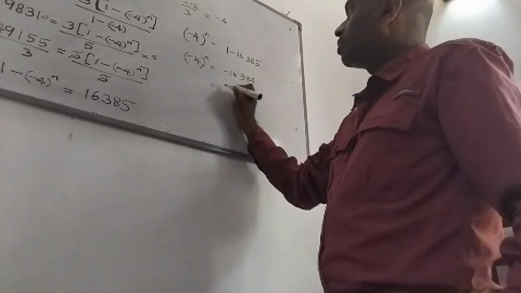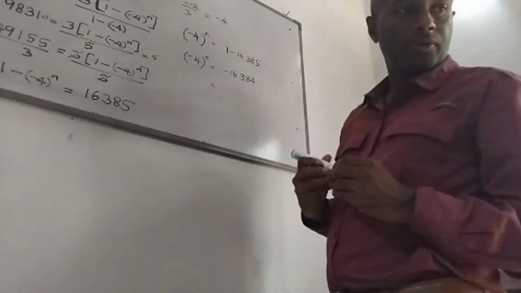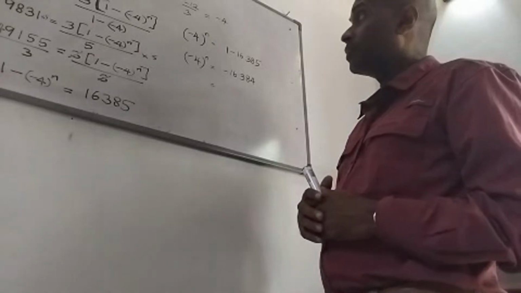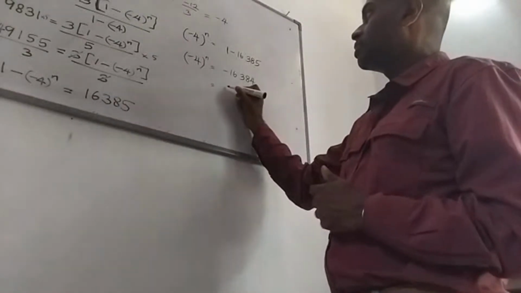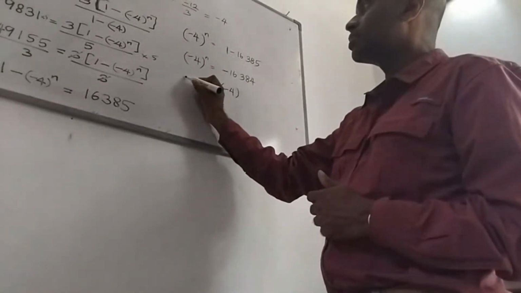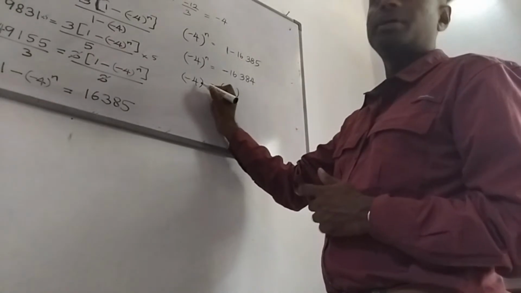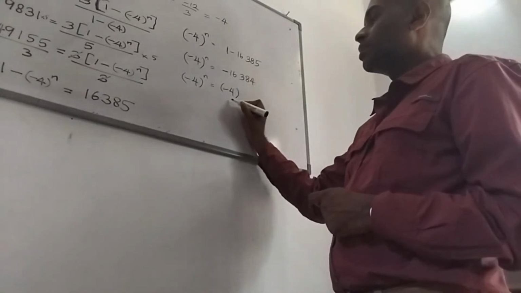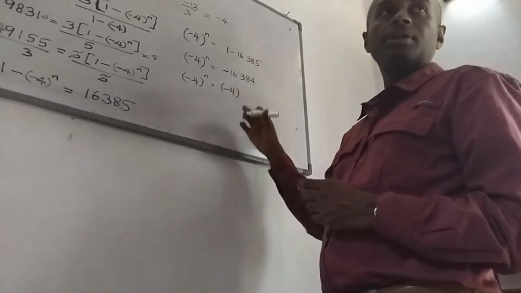We need to write this number as a power of negative 4, because this one is also in the base of negative 4.